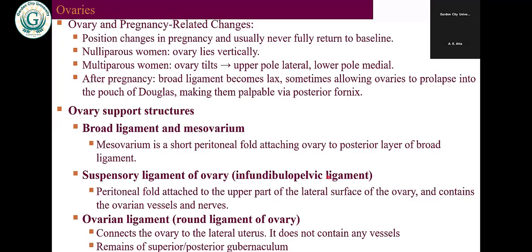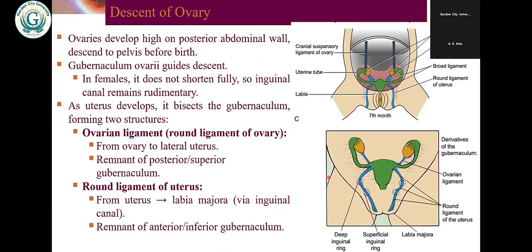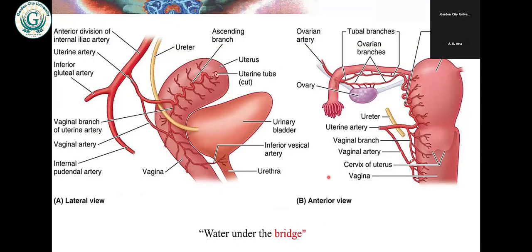It's a peritoneal fold that is attached to the ovary. So you should remember that the ovarian artery lies within the suspensory ligament of the ovary. After supplying the ovary, it also gives branches to supply the uterine tube.